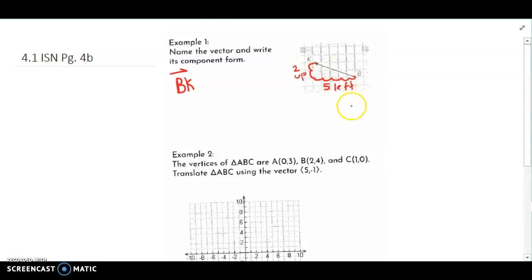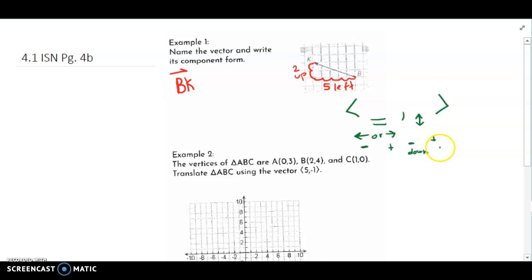Now, when I put this in component form, this first spot tells me left or right and how many. If it's going left, it's a negative number. If it's going right, it's a positive number. This second spot tells me if I'm going up or down. If it's a negative number, it's going down.